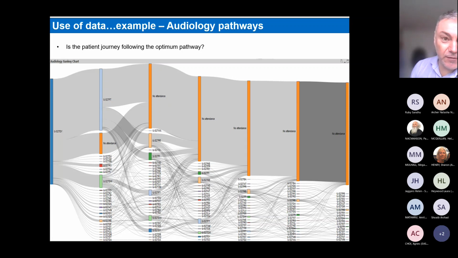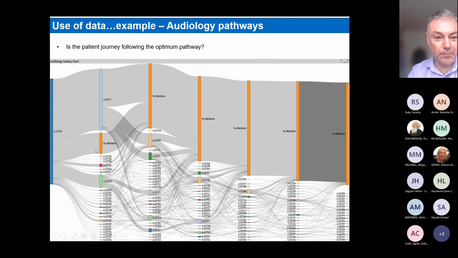Now the fitting clinic, so this is a Sankey diagram. One thing to note, there's no costs on here whatsoever. So although this is a costing system, this was just helping audiology understand their own pathway. So you can see the light blue block on the second row is the fitting clinic. So you've got pretty much half of the patients that have an assessment go on and have a fitting clinic.